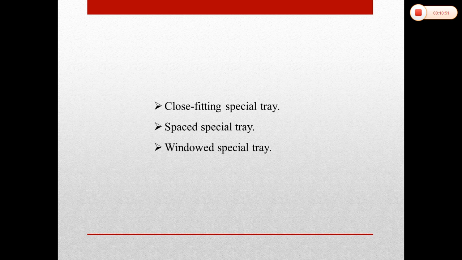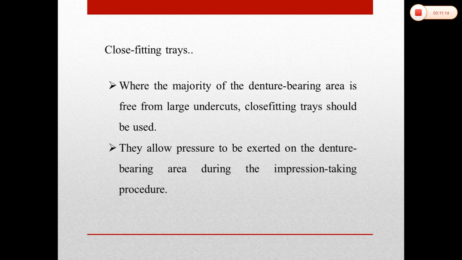The first one is a close fitting special tray. The second one is a spaced special tray. And the third one is known as a windowed special tray. Depending upon the condition, we use these three different designs for making a secondary impression.